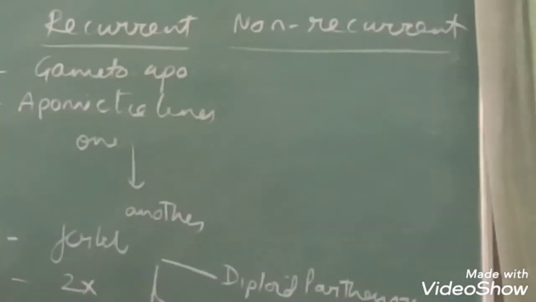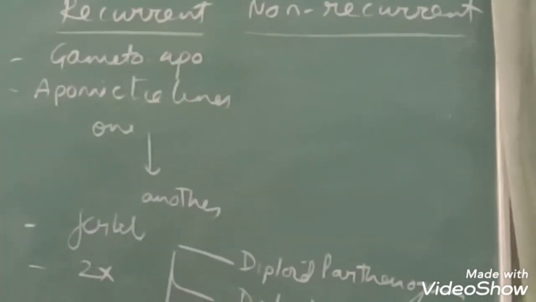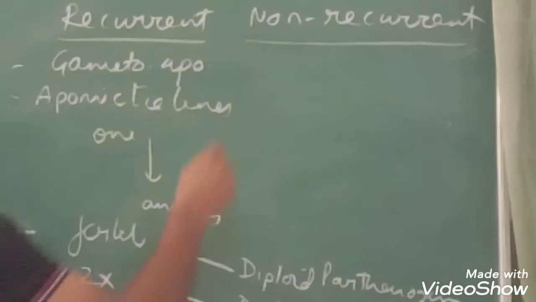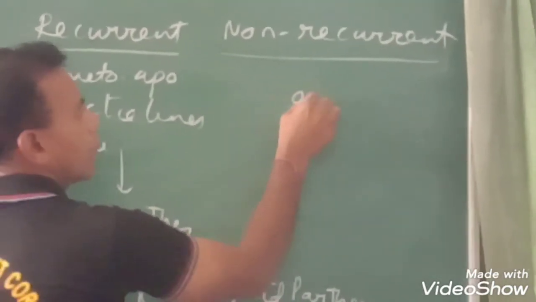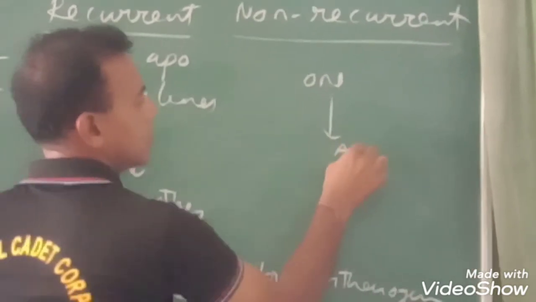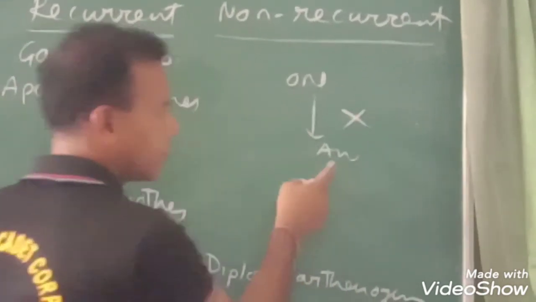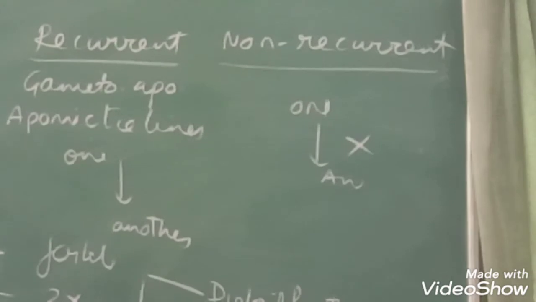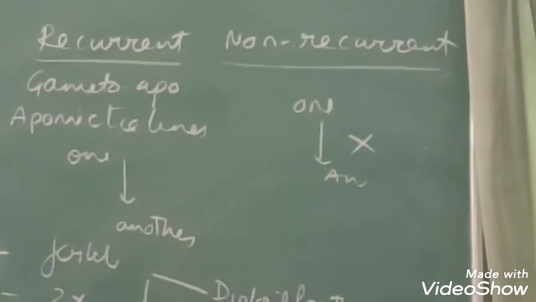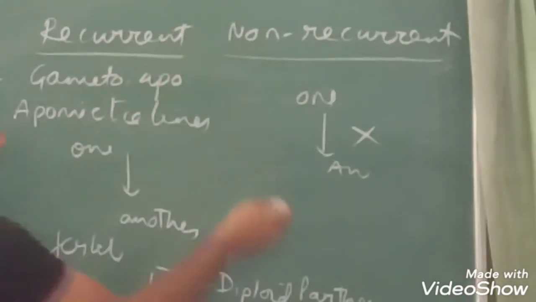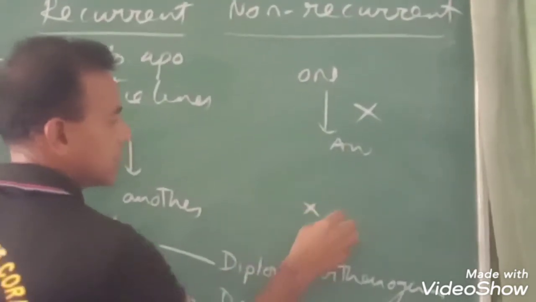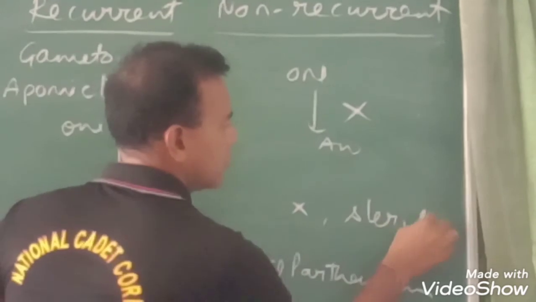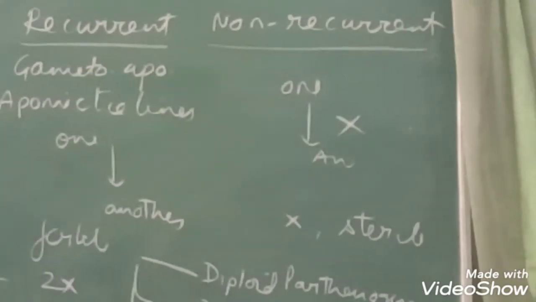Now, coming to the non-recurrent apomixis, in this, the apomictic lines are not obtained from one generation to another, and that is why it is named as non-recurrent apomixis. The plants produced by this are haploid (X) in nature and are sterile.